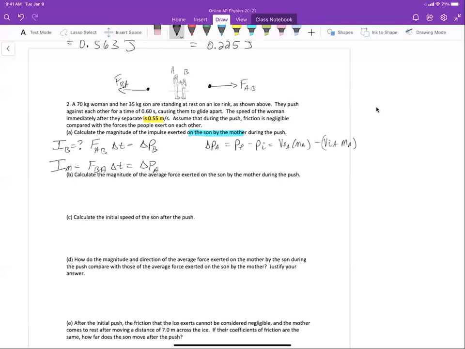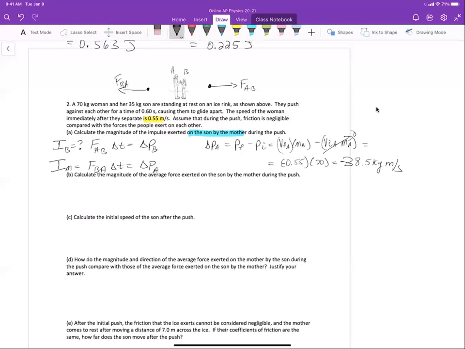Now, her initial velocity is 0. Her velocity final is negative 0.55. So we have negative 0.55 times her mass, and that will equal a negative number, negative 38.5 kilogram meters per second.